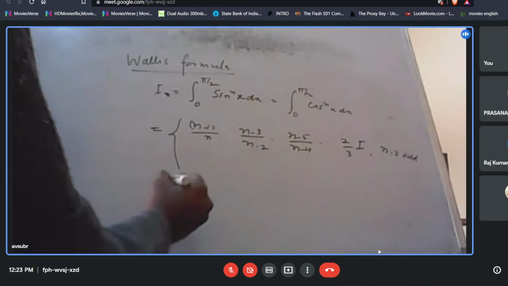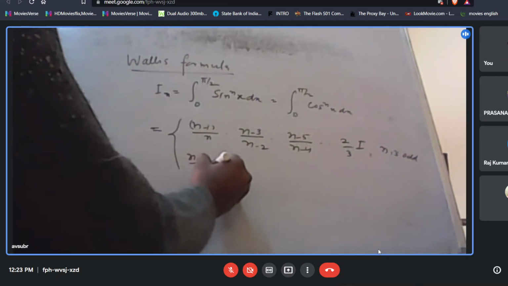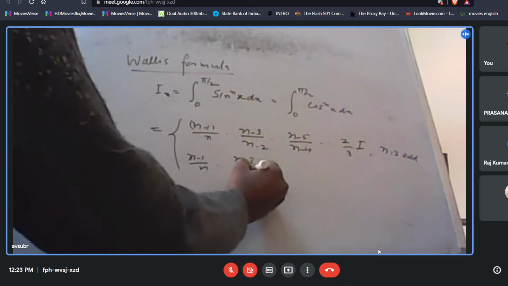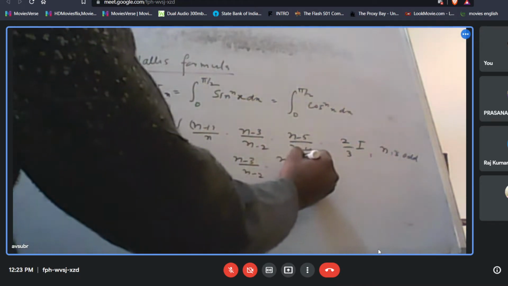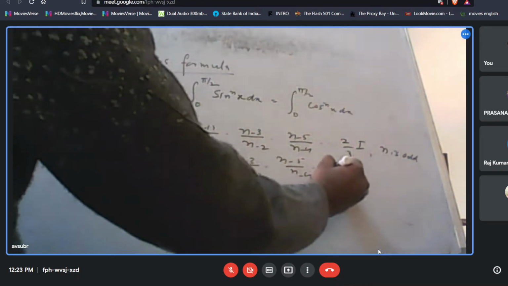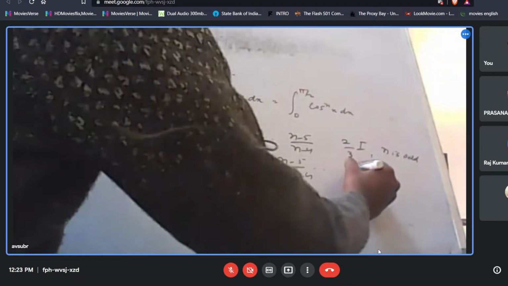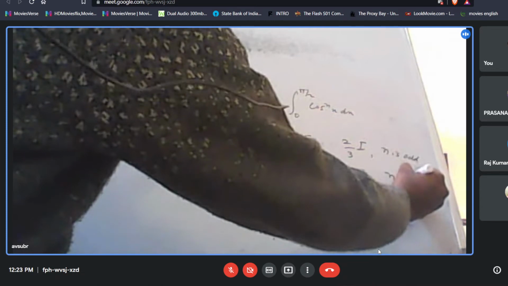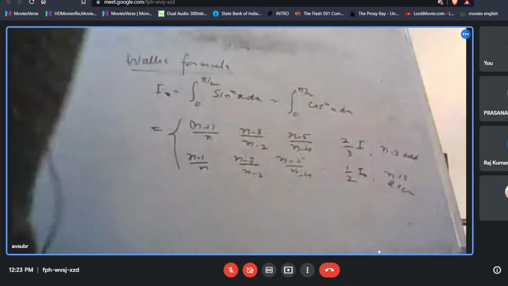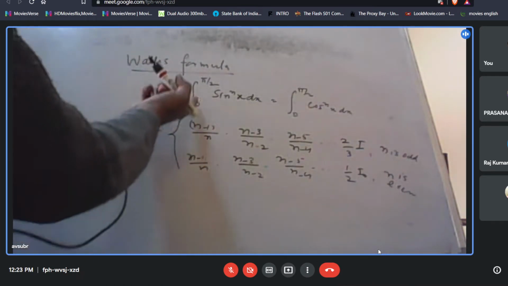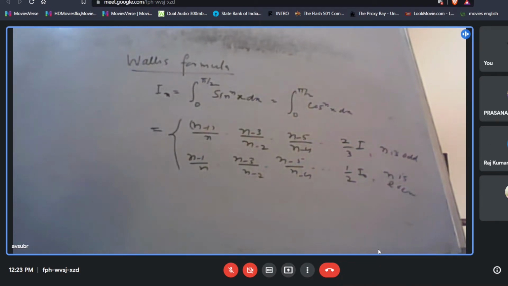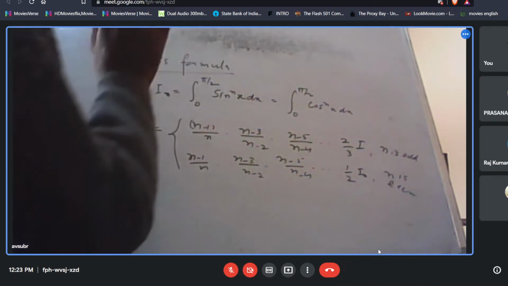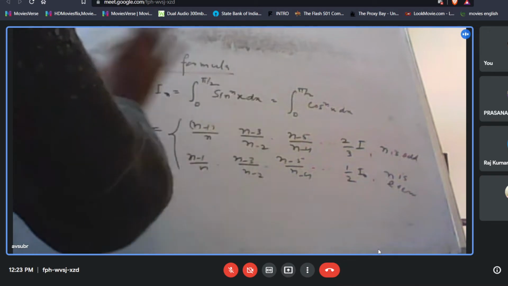And it can also be written as (n minus 1)/n times (n minus 3)/(n minus 2) times (n minus 5)/(n minus 4), and so on, into 1/2 I0, when n is even. So when the limits are 0 to pi by 2, we have this Wallis formula.